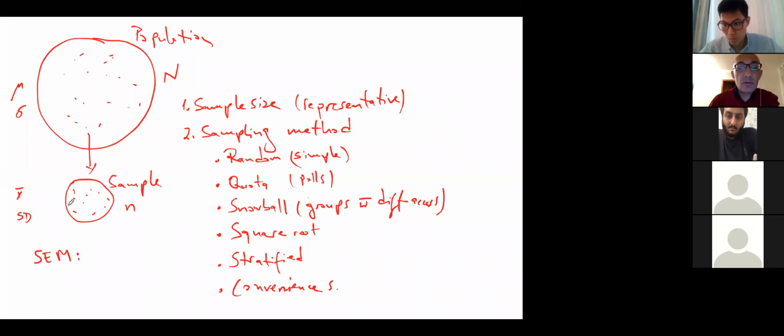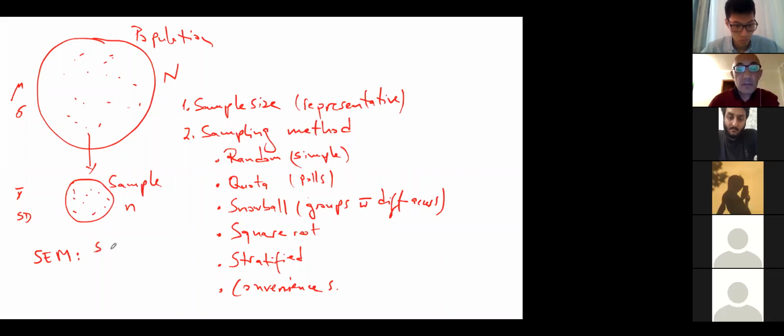What was the formula to calculate the standard error of the mean? S/√n. Standard deviation, S or SD, divided by square root n. This was our formula to calculate the error we introduce by sampling.